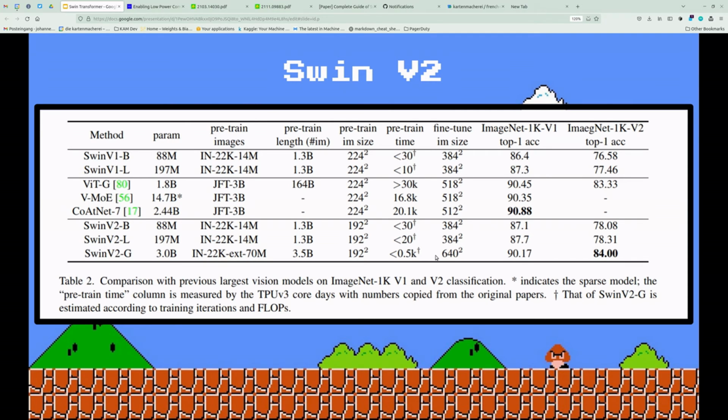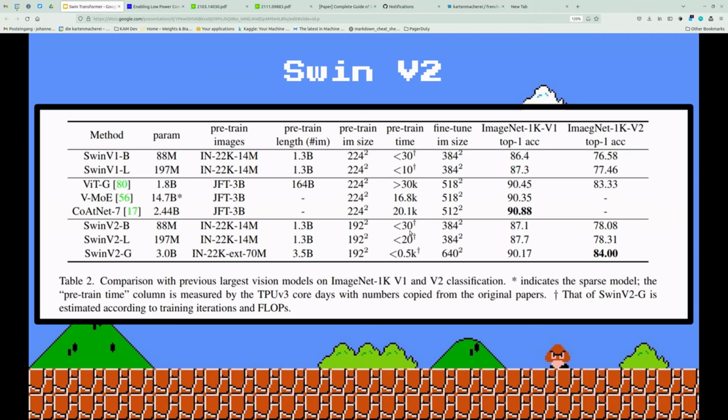And we can also see that the pre-trained time is, for most Swin models, way lower than for the WIT one. Here they say TPU V3 core days, that's the measurement. That's one of the main criticisms for the WIT paper, that they use an amount of core days that no one can afford except for people working at Google, because 30,000 TPU V3 core days is just very expensive.